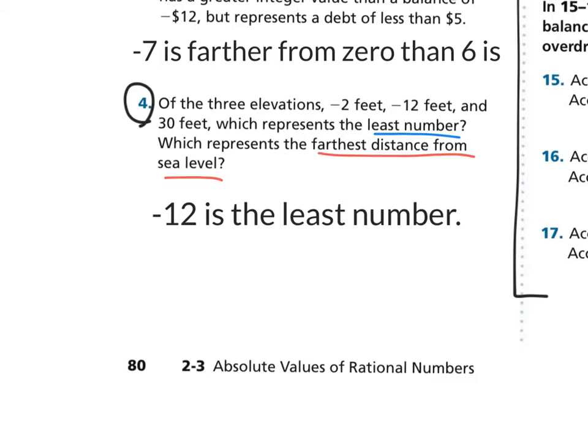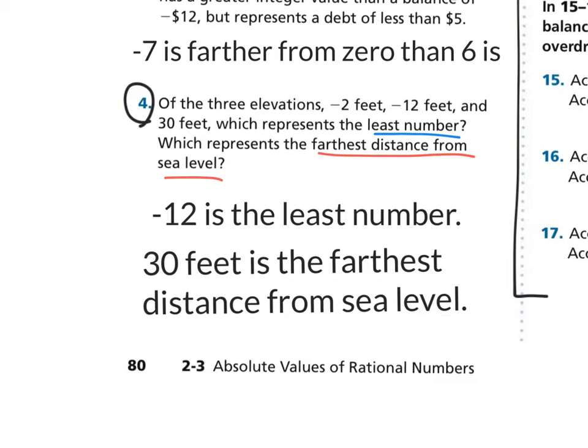So negative 12 would be the least number. Out of those, it's more negative than any of our other negative numbers. So 30 feet would be the farthest distance from sea level because it's furthest away from 0. It's our biggest positive number. If we would have had negative 50 feet, that would be further from sea level, but negative 12 was our smallest negative number, so 30 is farthest from sea level.